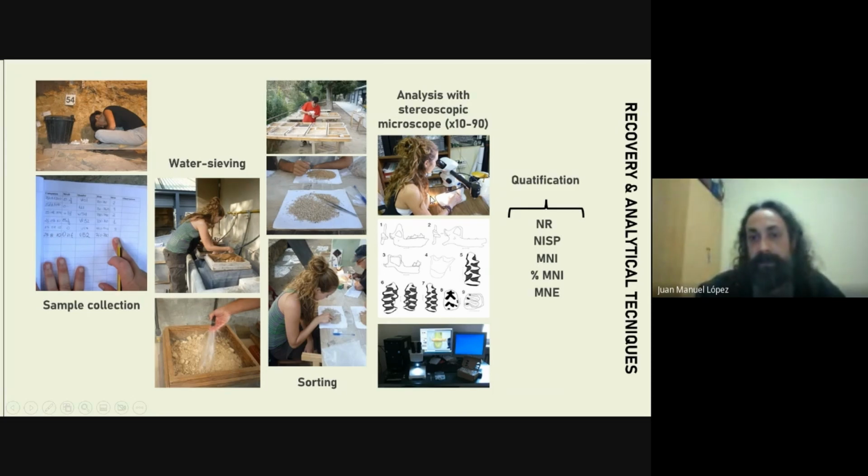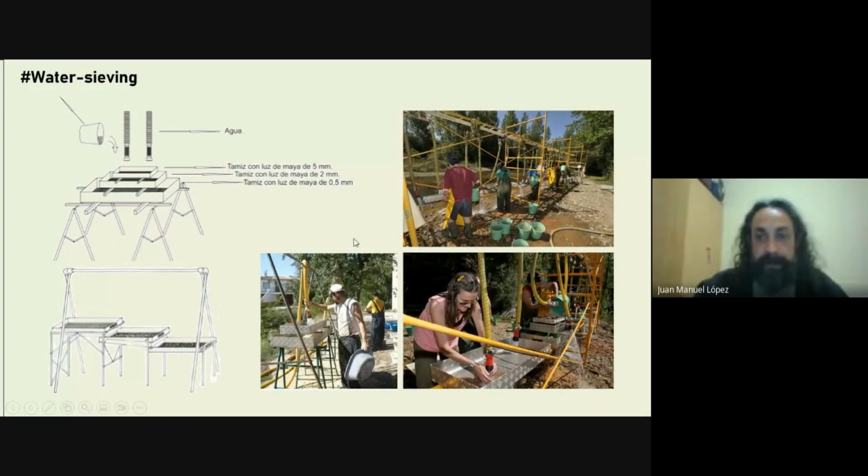And after, we have the small pieces that we can identify with a microscope, make pictures, and make some quantifications, like number of remains, number of identified remains, or minimum number of individuals, etc. This is an example of a big site from Atapuerca with the different kinds of people working with different meshes, here in this scheme more or less.